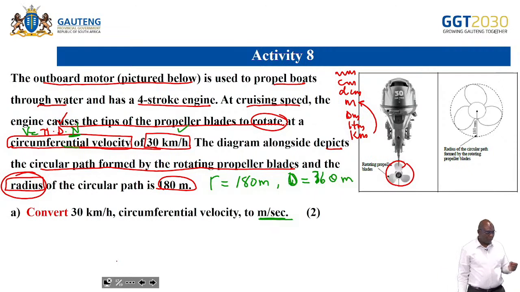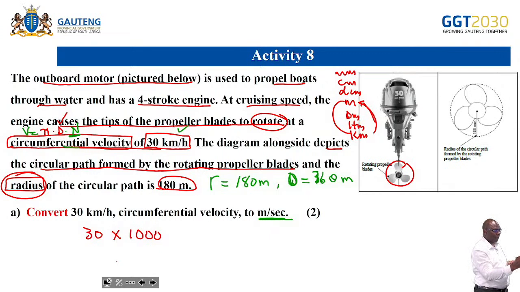What am I going to do to do that? Remember when I go up, I'm going to multiply. So I'm going to say 30 multiplied by 1,000, because from here to there it will be 1,000.